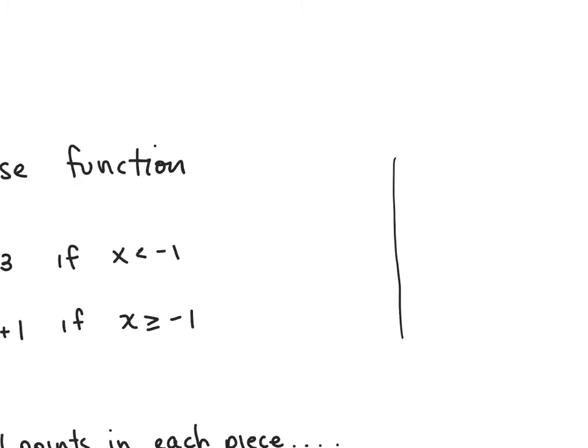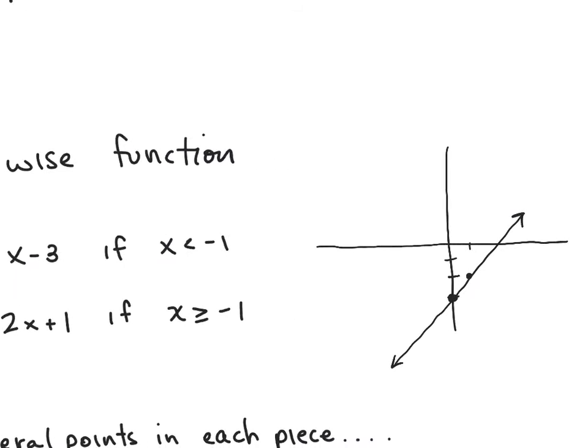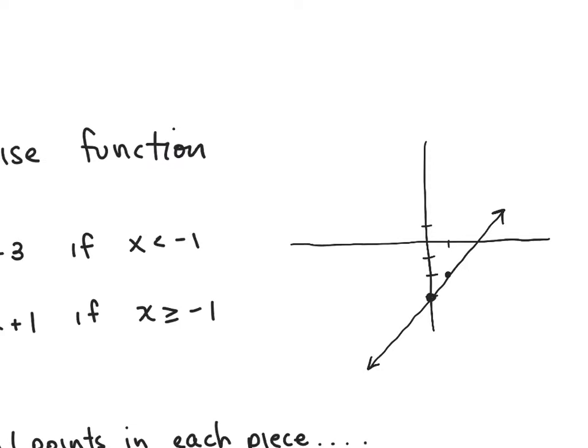If we had one graph on which to graph this function, x minus 3, the first piece, is just a linear function with the y-intercept of -3 and a slope of 1.